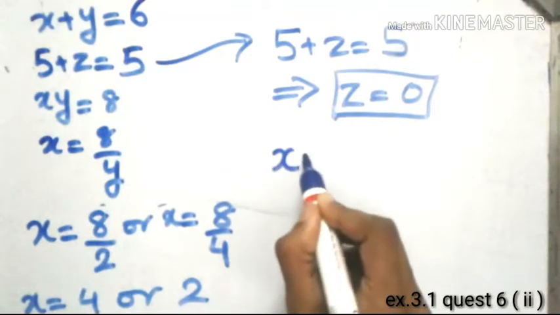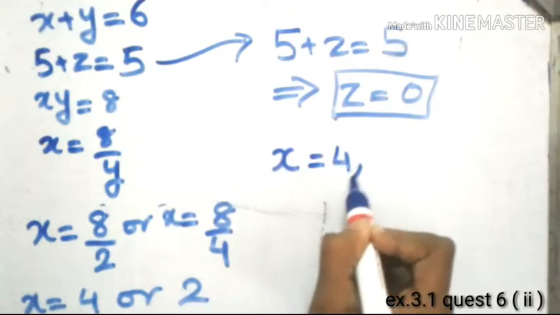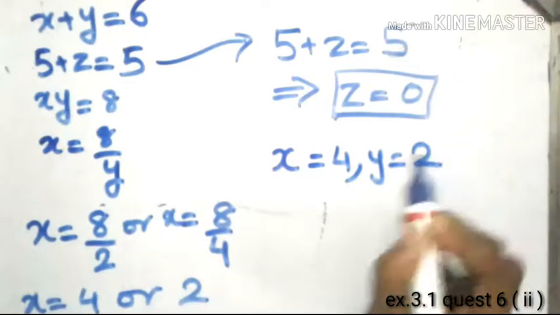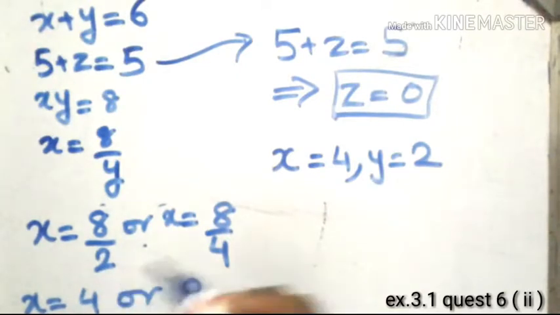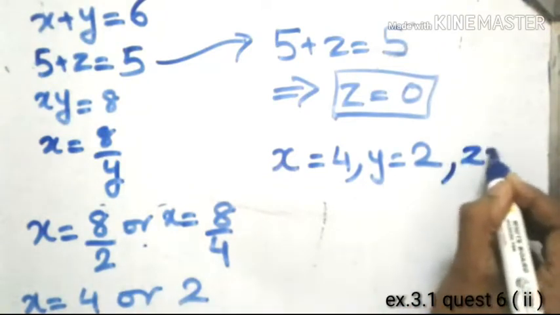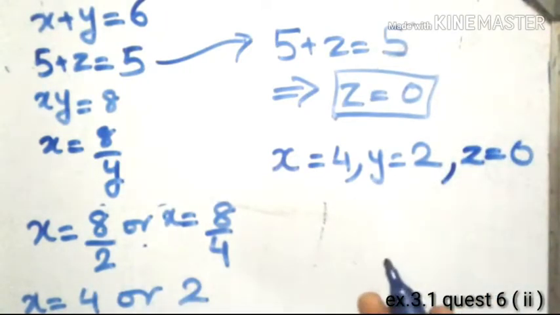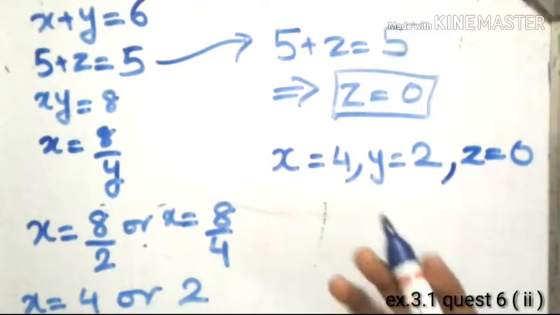So when I have x as 4, I will have y as 2. Just note here, when I put y as 2, I got 8 by 2 and I got 4. That means the value of x as 4 we get when y is 2. And z anyway has to be 0 no matter what value of x and y is there.